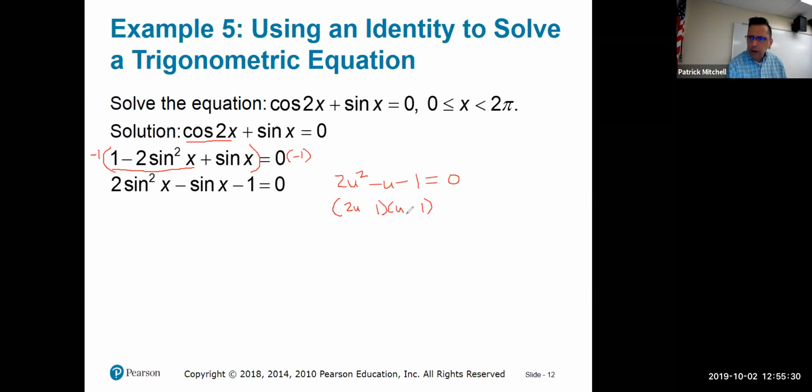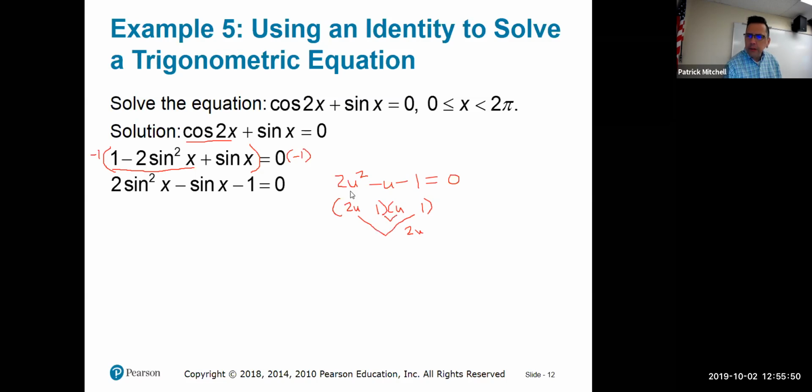So now I'm going to think about how do I get the minus u. Thinking about FOIL, the first is taken care of, the last is taken care of. Now I have to worry about the outer and the inner. The outer would be 2u, the inner would be u.